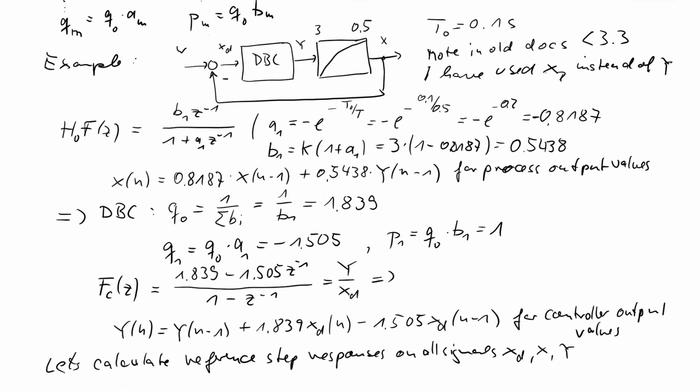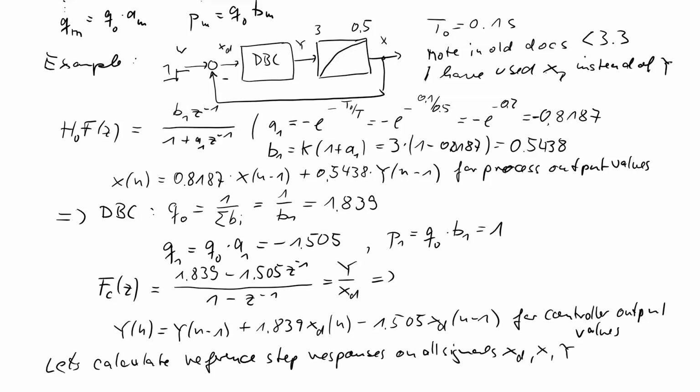Then if we have here a unit step function, in the first step we know what happens if we jump here to 1 at once. xd goes up depending on x back. What is x back? The feedback signal in the first moment is unchanged because the PT1 cannot jump at the output, as we have no B0.